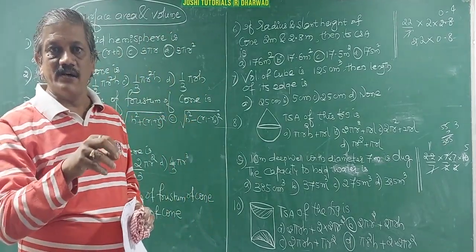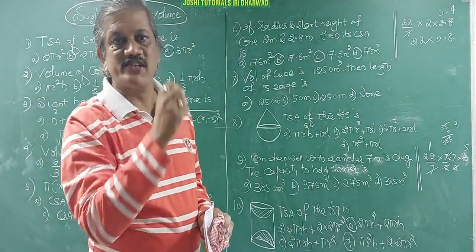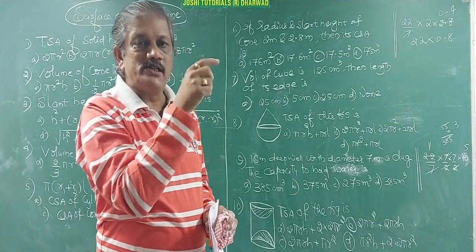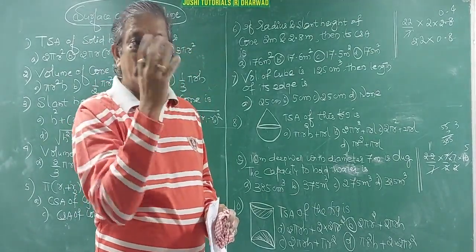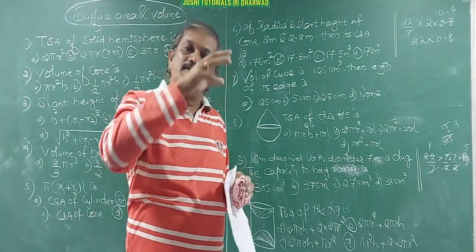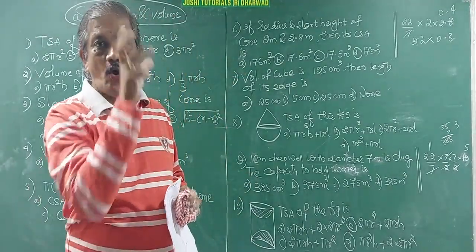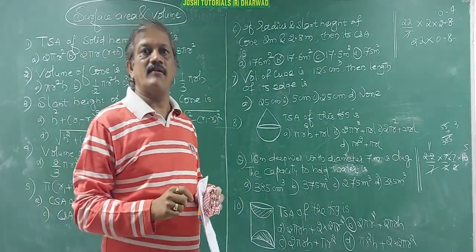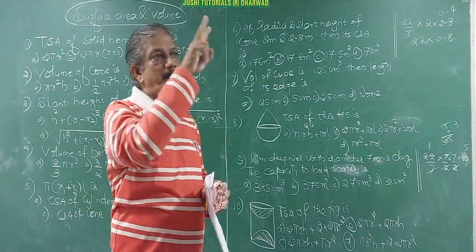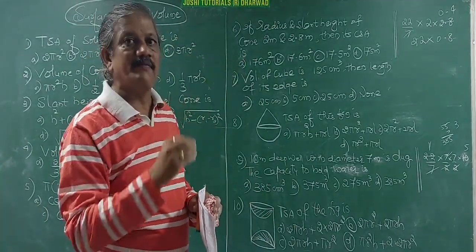Sphere: TSA 4 pi r square. If you take only a hemisphere, 2 pi r square. If it is solid, 2 pi r square and the top one, pi r square, altogether 3 pi r square. Cone: pi rl, curved surface area. Total surface area, pi rl plus pi r square, that is pi r into (r plus l).